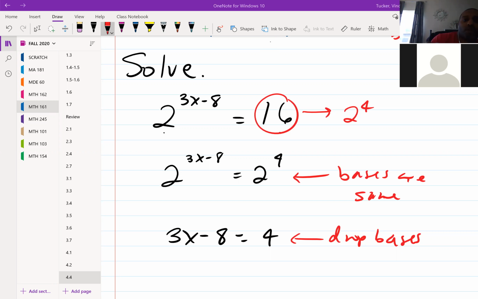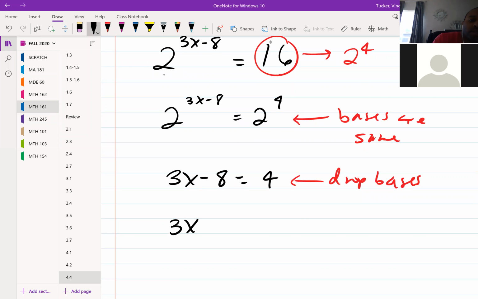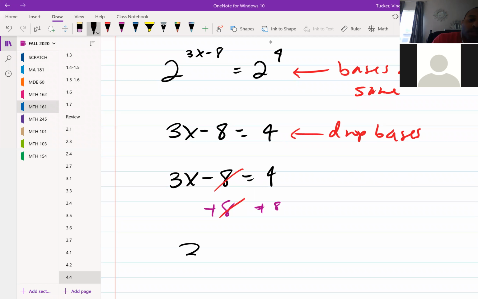Now from here, we can just solve our regular linear equation. By adding 8 to both sides. And that's 3x equal to 12.